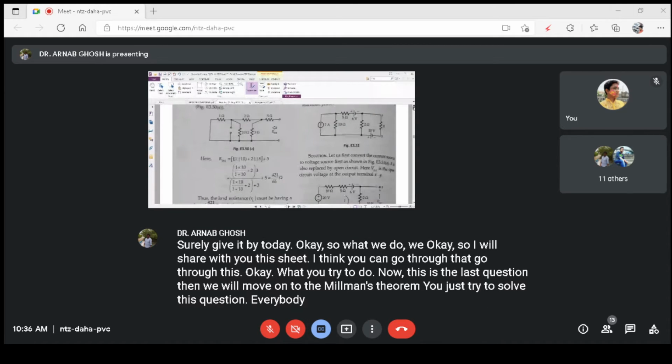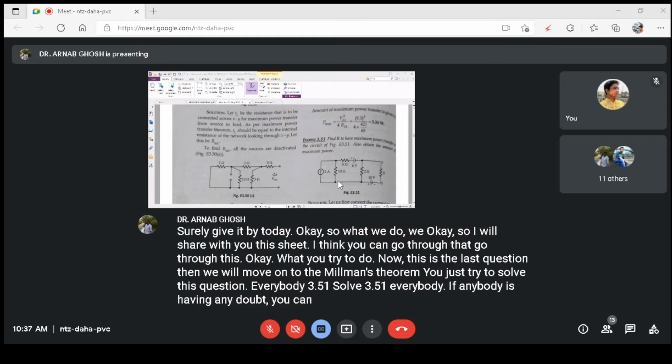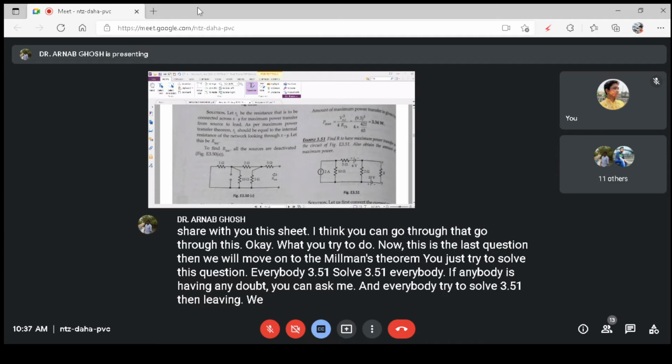Everybody, 3.51. Solve 3.51, everybody. And everybody try to solve 3.51. Then we will move on to Millman's theorem.